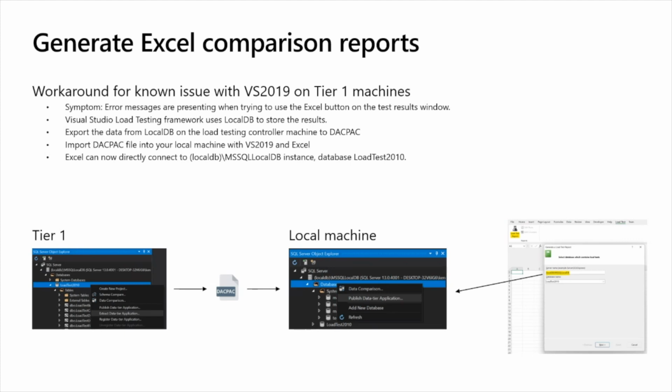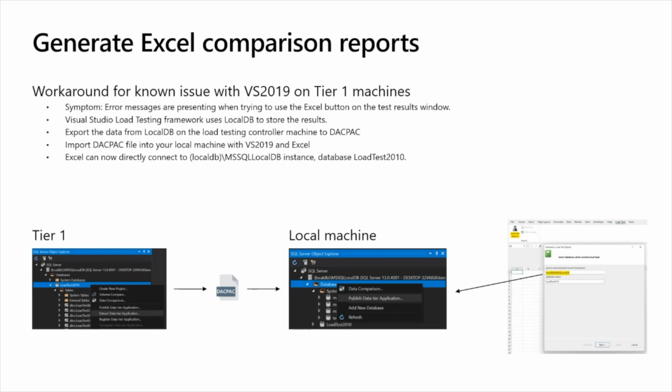But knowing that Visual Studio 2019 is using a LocalDB instance to store the test results in a database, for you to be able to use Excel to connect to that test results database, you can extract it from the tier 1 machine by connecting using the Visual Studio tooling to the LocalDB instance, and you can extract it to a DACPAC file.